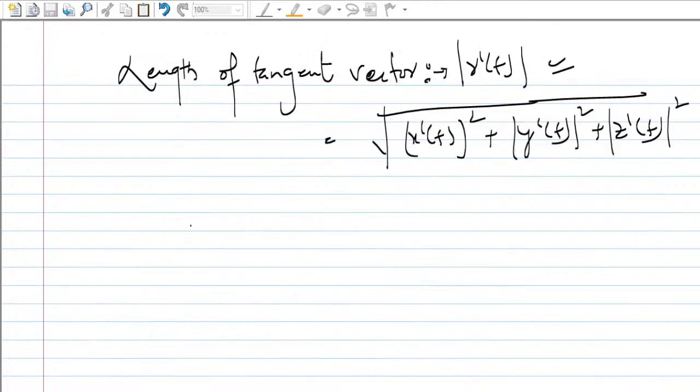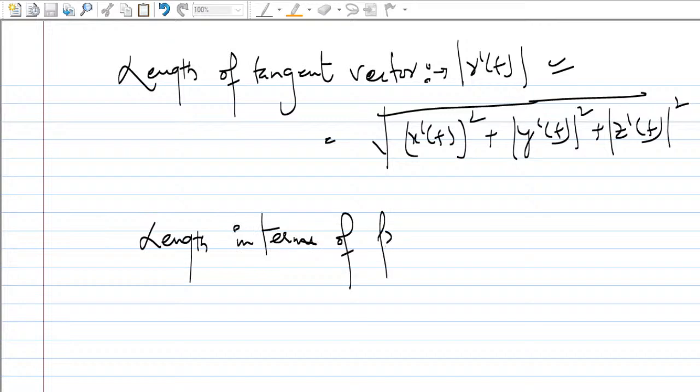So we can write the length in terms of the position vector, r of t. Here r dash of t is the tangent, and r of t is the position vector.